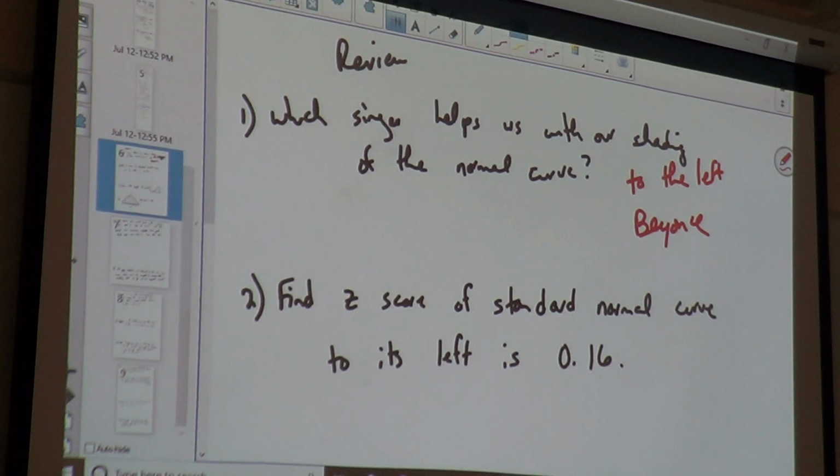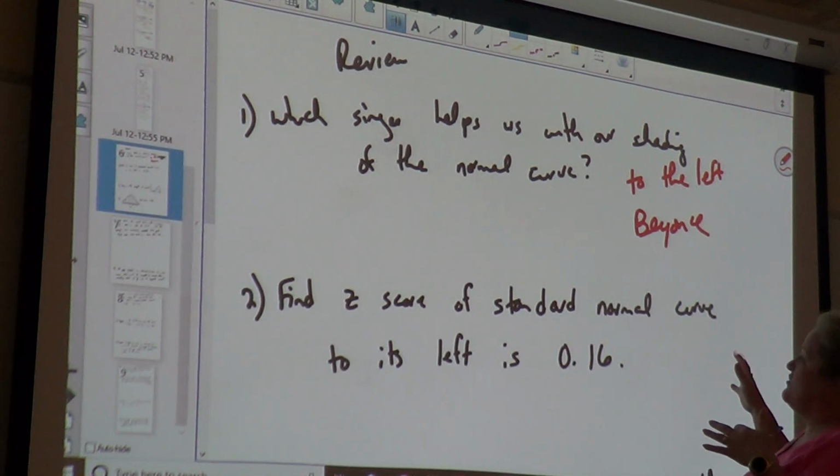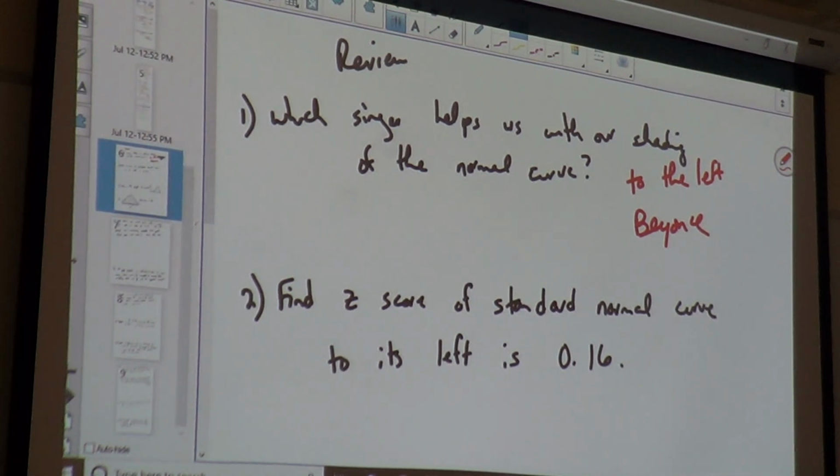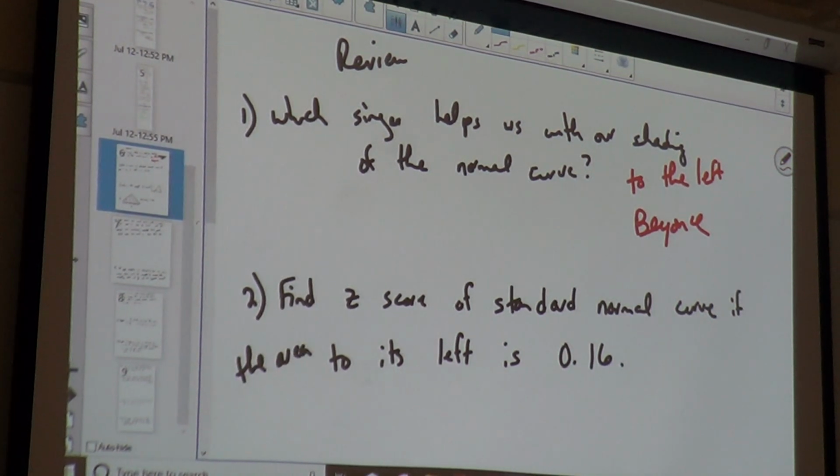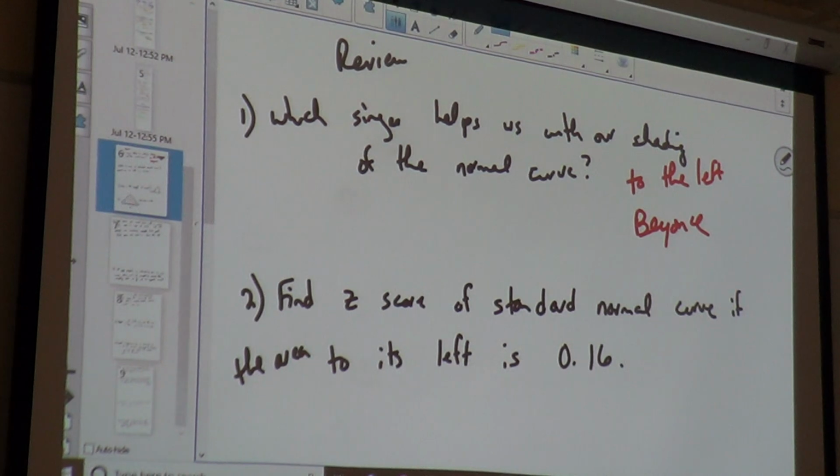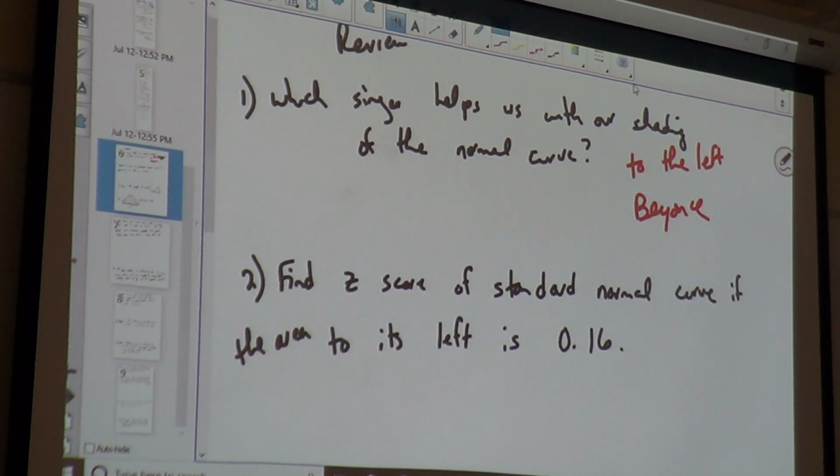Find the z-score of a standard normal curve to its left if the area to its left is 0.16. Find the z-score. So what are we doing? Inverse norm. Okay? So I'm going to draw a picture.